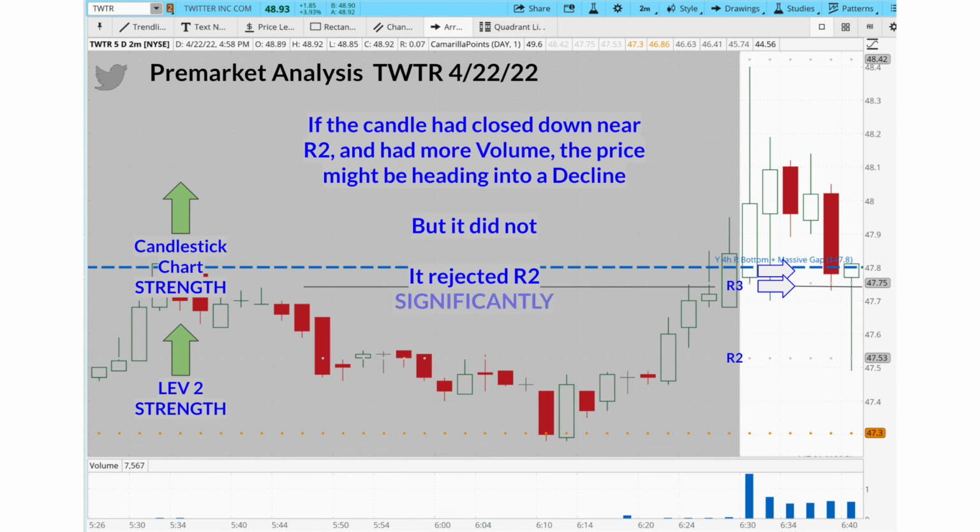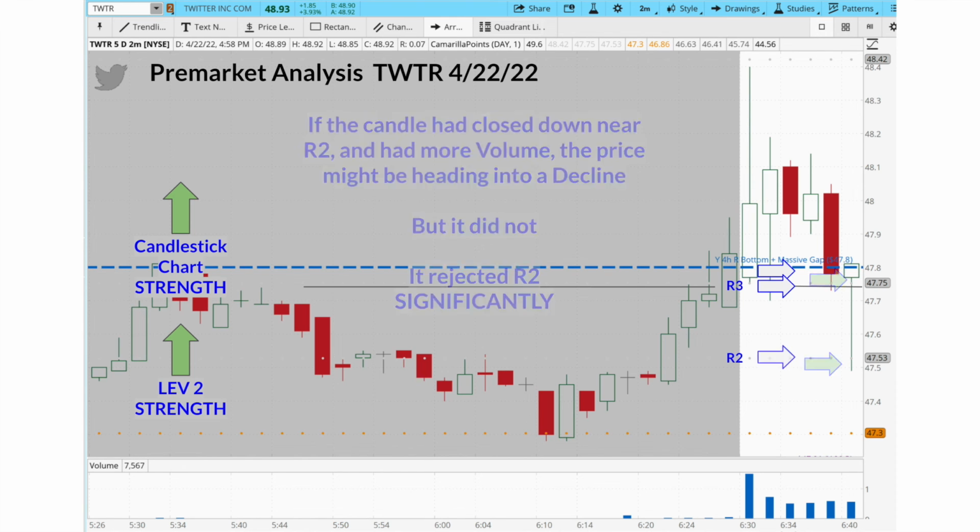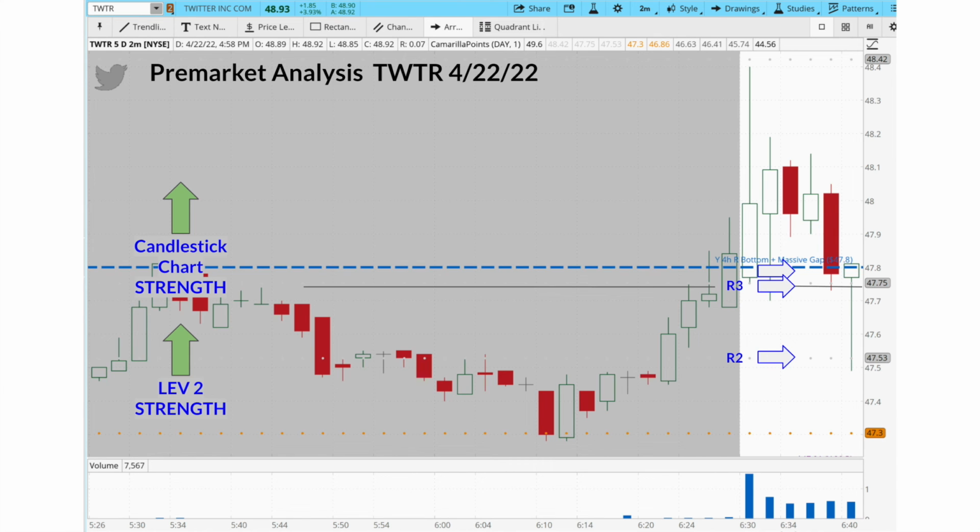It rejected it strongly, significantly. See all that? That's a really strong bullish candle when it's that much of a wick underneath, a hammer candle. All right, so now we're adding one more level here at R2 because the price has danced around there. So we're going to watch that. All right.